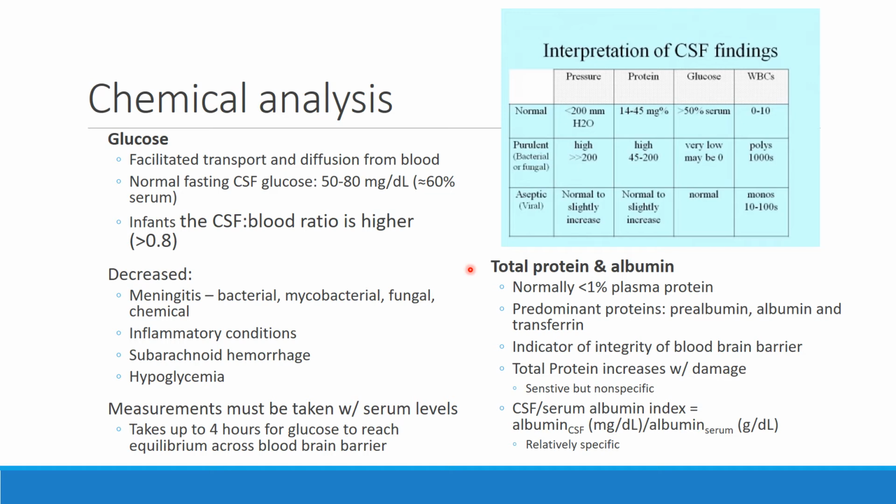The other test that you definitely are going to want to do is a total protein. Okay, the protein that's present in the CSF will normally come as the plasma is filtrated at the choroid plexus. Only a relatively small amount of protein will be allowed into the CSF.